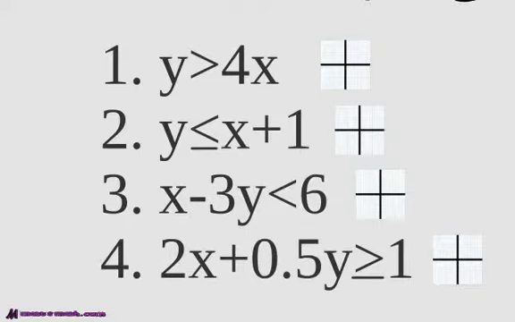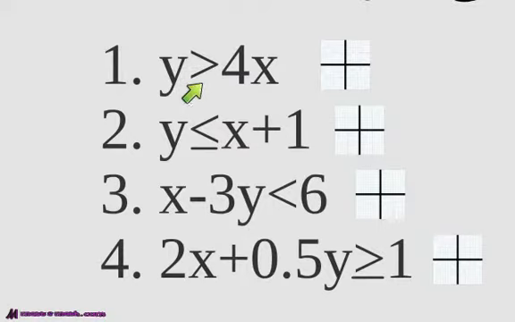Now, would you take a minute and graph these? We've got y is greater than 4x, y is less than or equal to x plus 1, and so forth. Again, you want to make sure that they're in the y equals mx plus b form. This one's not. And ignore this first. Okay? Graph this as if it was y equals 4x.